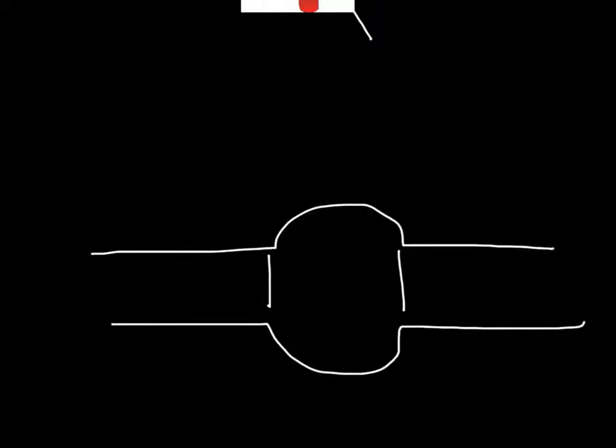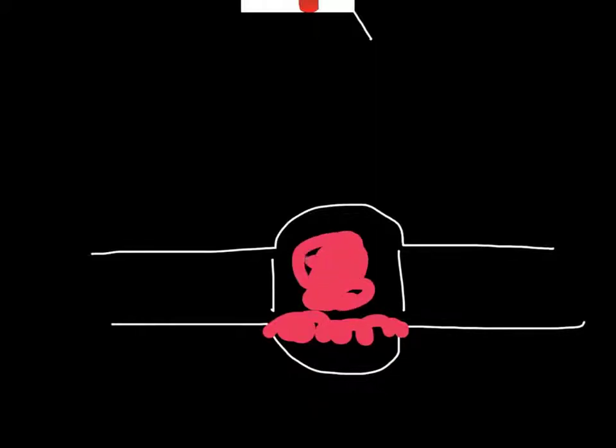So when blood is pumped from the previous chamber, the left atrium, blood comes flowing in, and each of these valves will, under pressure, let the blood flow in and fill up this ventricle. So this is the blood that's filling up in the ventricle.